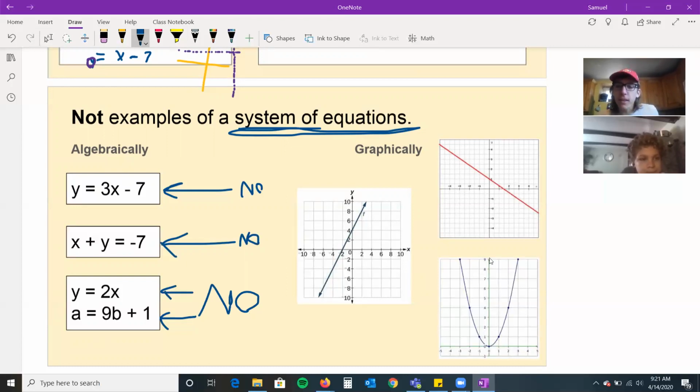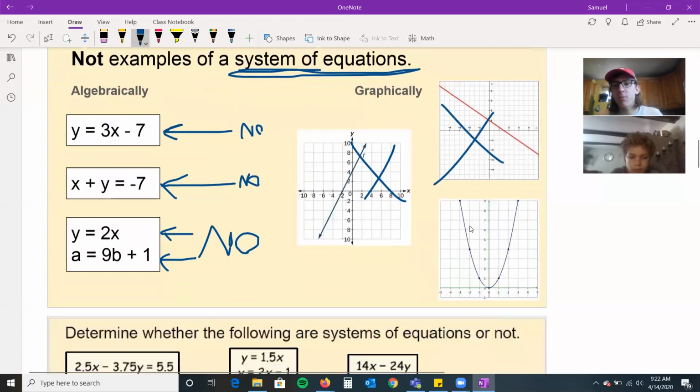Okay, all right, graphically, this one. Is this one a system of equation? Nope, right? It's just one line. We need more than one line. This one, it's got a negative slope. Again, still one line, so no. Not. This one, it's a parabola, y equals x squared.